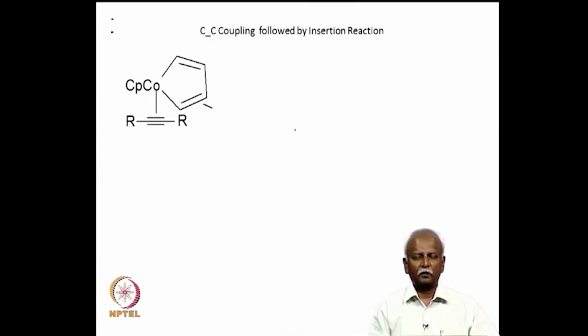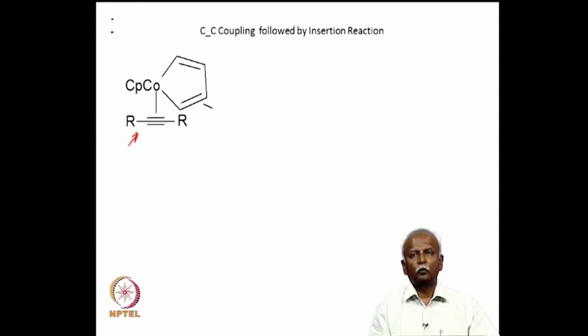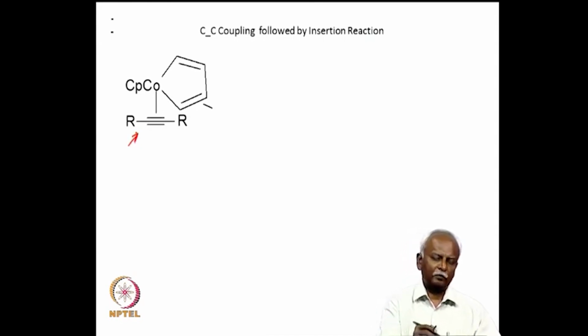Remember, insertion is a simple addition of an anionic species from the metal interacting with a neutral species on the metal. So, here the neutral species turns out to be acetylene. So, acetylene is a neutral ligand which is attached to the cobalt, and the anionic or negatively charged ligand is the one which we have marked in red.